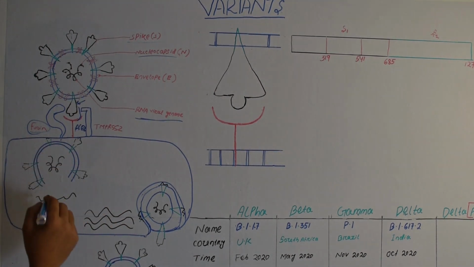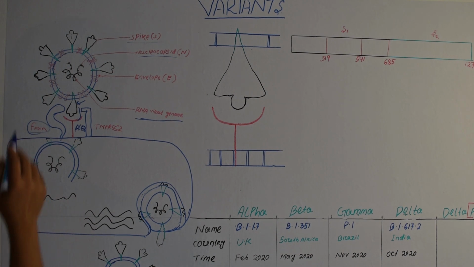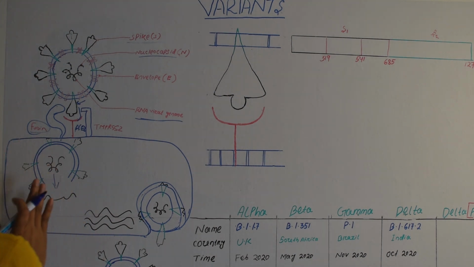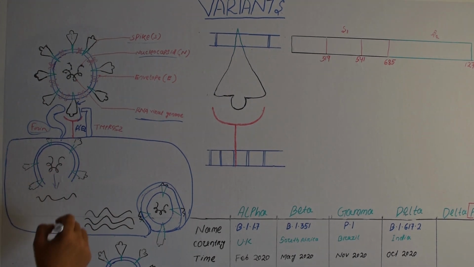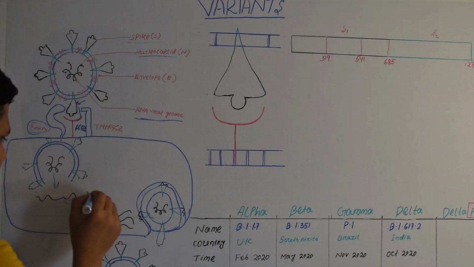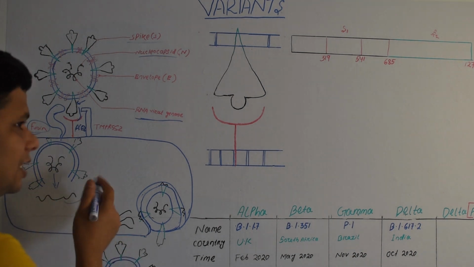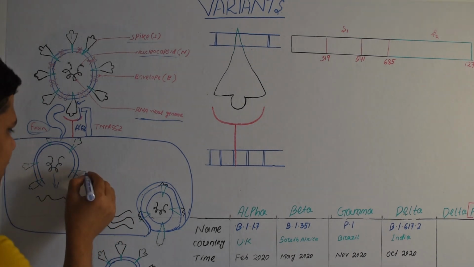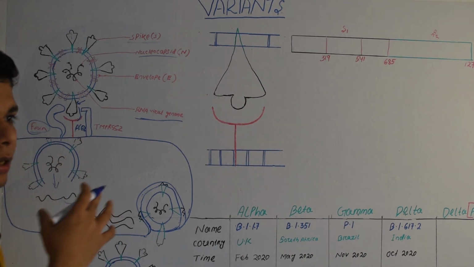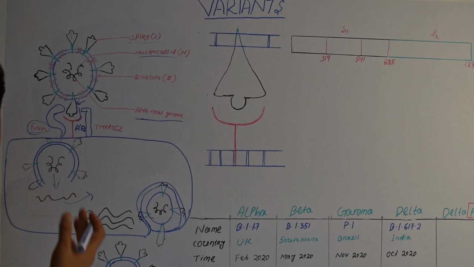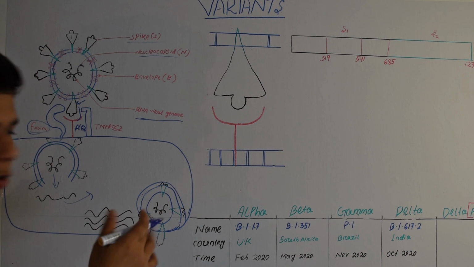After internalization, the envelope opens up, and the viral genome, which is RNA in this case, comes out and makes different proteins related to the coronavirus, like the spike protein, or other proteins like polymerase and some polyproteins.